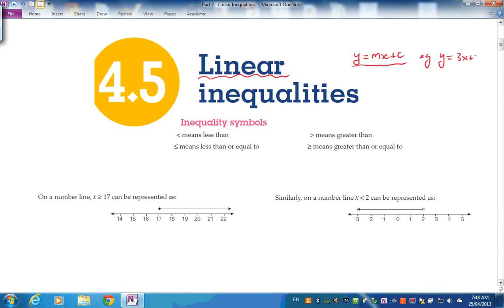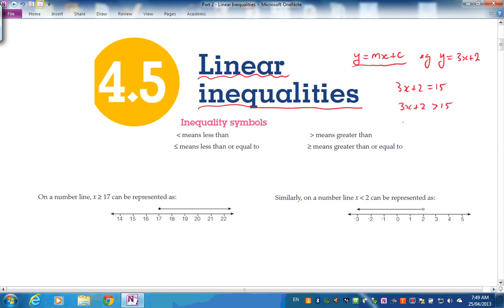And now we're looking at when that linear statement might be not equal to 15: 3x plus 2 might be greater than 15, or 3x plus 2 might be less than 15. So there are our three conditions that could occur.